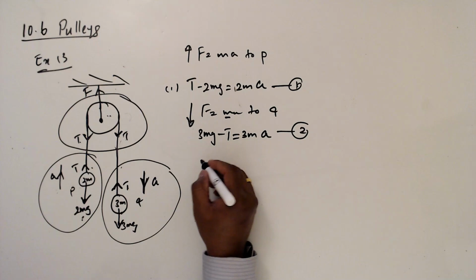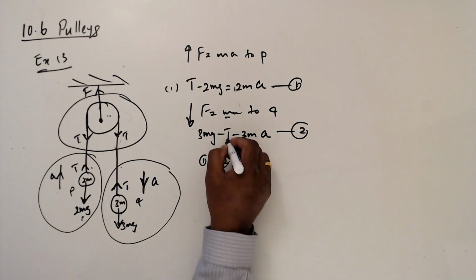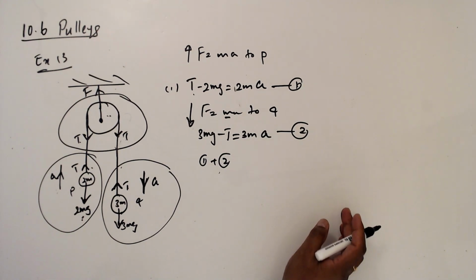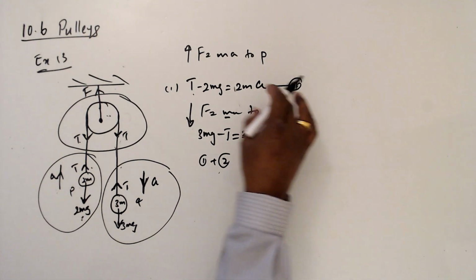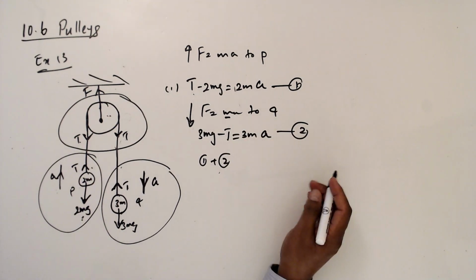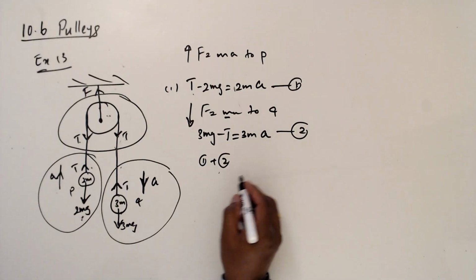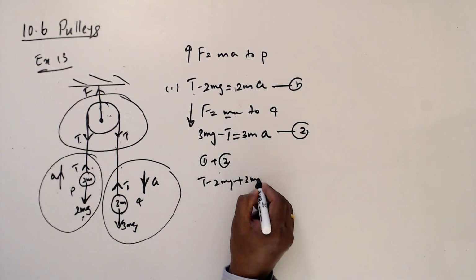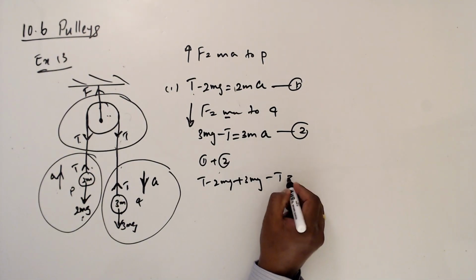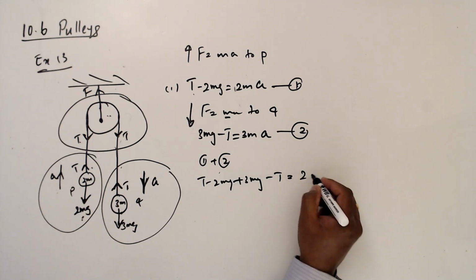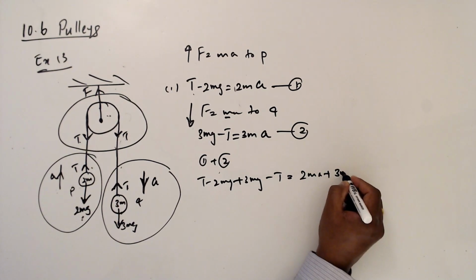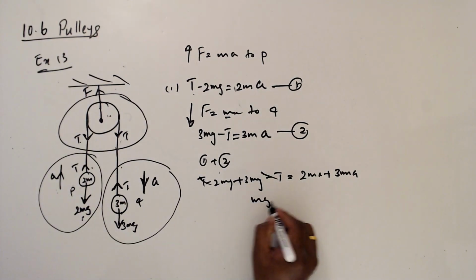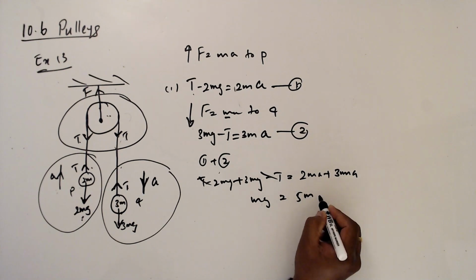When we add 1 plus 2, T and T cancel out. We have two equations and two unknowns, a and T, so we can find them. So 1 plus 2: T minus 2mg plus 3mg minus T equals 2ma plus 3ma. So this cancels out, and this is going to be mg equals 5ma.